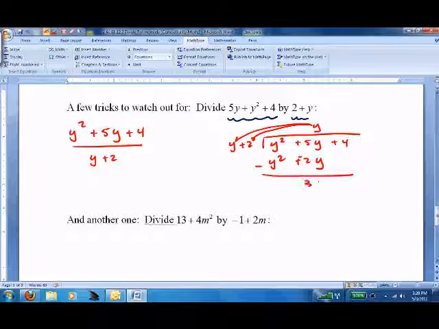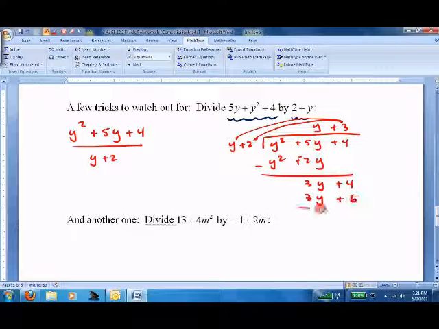So we get 3y plus 4. Going to erase these. What times y is 3y? Well, that's 3. So I get 3y. 3 times 2 is 6. Don't forget we're subtracting. We actually have a remainder this time. Remainder equals negative 2.